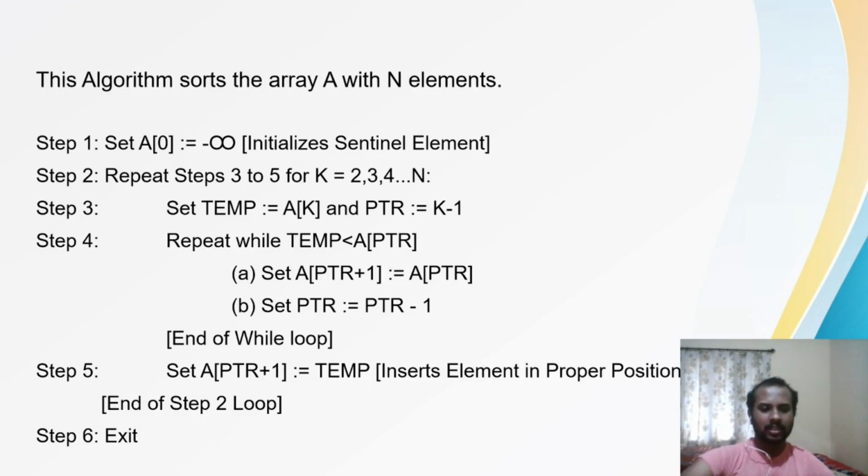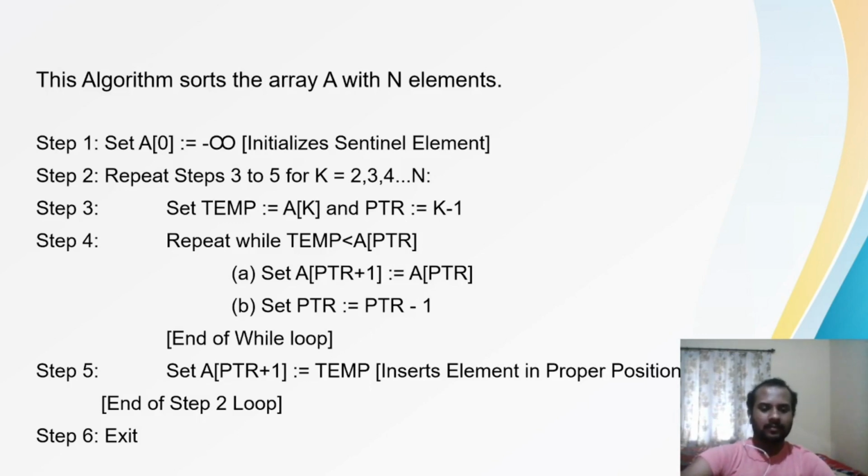So I'll check whether the temp is lesser than the A of PTR. If it is lesser, then I'm going to shift the elements in the sorted array or the list to the right side. So that is A of PTR plus 1 is equal to A of PTR. In the same manner, these comparisons should be done to all the elements in the sorted list. So I am again going to decrease the PTR counter.